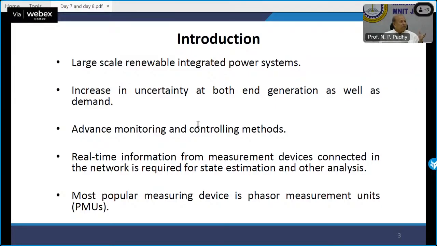There is a tool which can easily tell you what the voltage change is because of certain topological changes. So advanced monitoring and control methods are needed because of the complications associated with the microgrid. Real-time information from measurement devices connected in the network is required for state estimation and for other analysis. The most popular measuring device is here. It is basically a system measurement device.